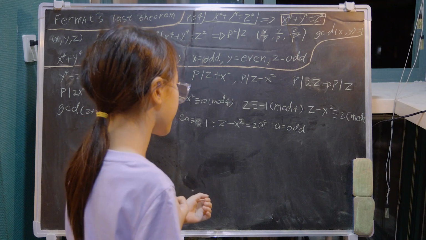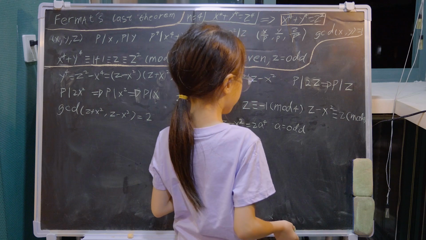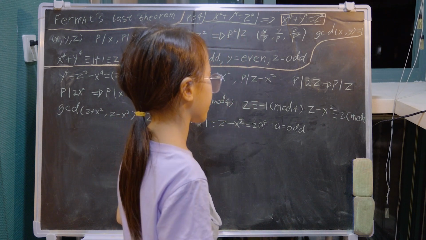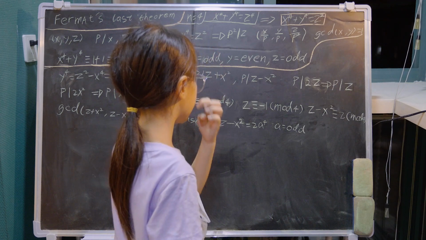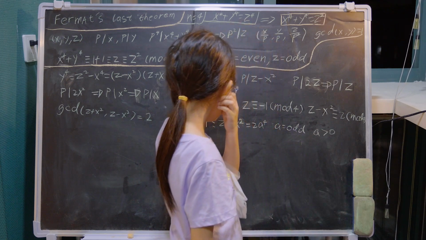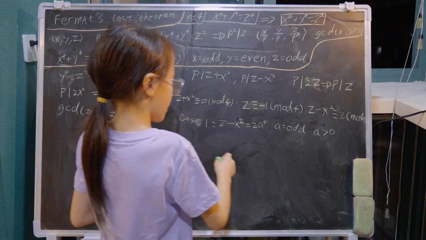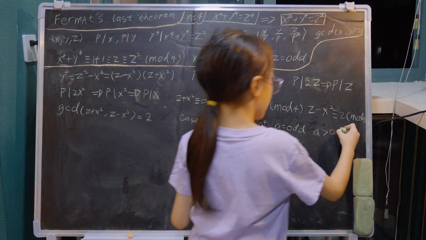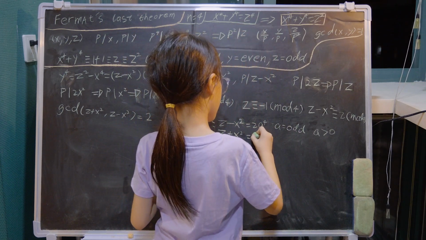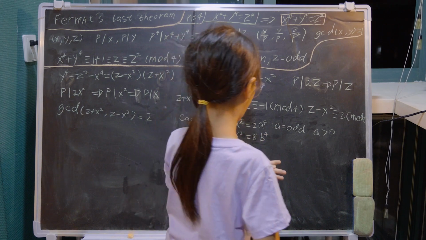Because if a is even, this part will be a multiple of 4, so that's not right, because the other part is 8 times b to the 4. So only one of them can be even. And a is greater than 0. And z plus x to the 2 is equal to 8 times b to the 4.